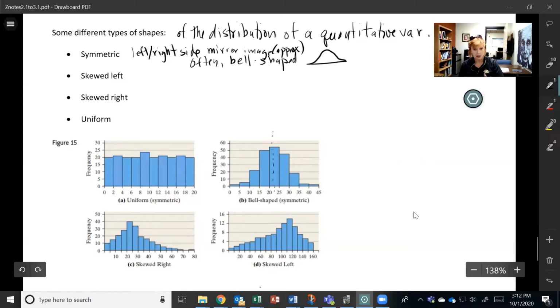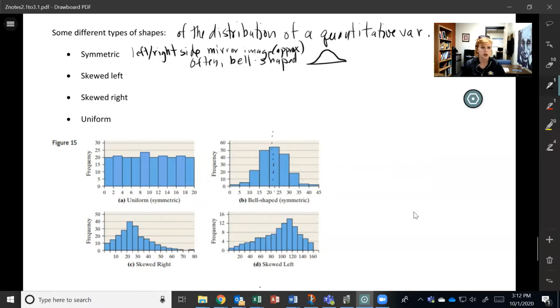Those look about the same on either side, and it's high up at the top, and then the tails are to the left and right of the biggest one. The biggest one is called the mode. To the left of the mode is the left tail, and to the right of the mode is the right tail. The left tail and the right tail are mirror images of each other.